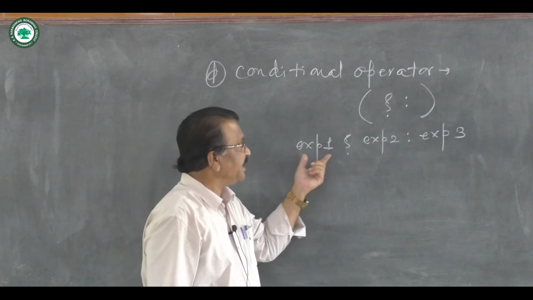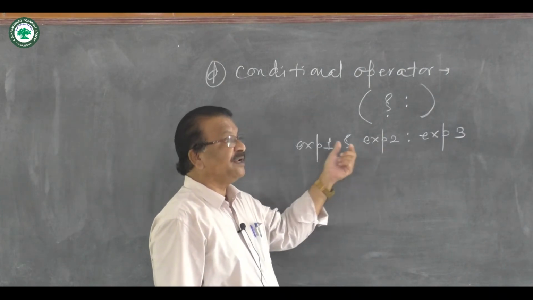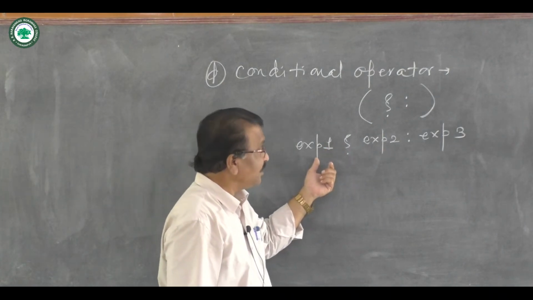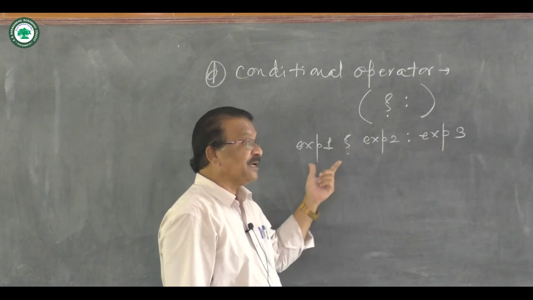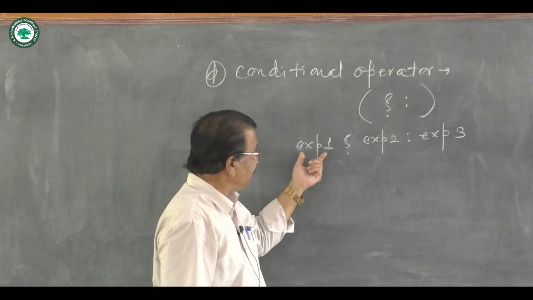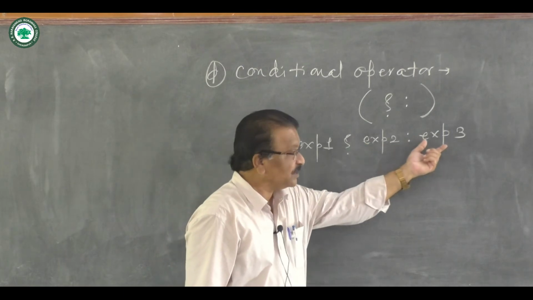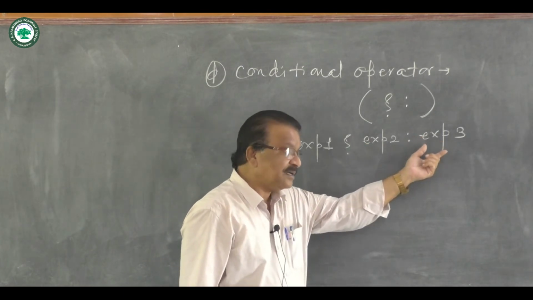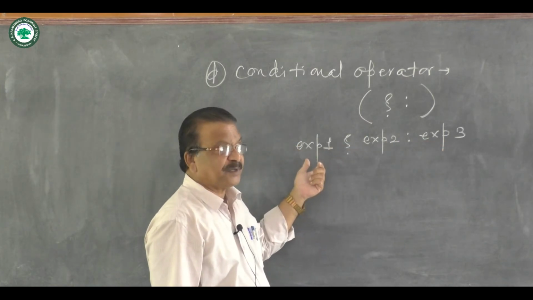If it is true, then expression 2 is evaluated and that becomes the final value of the expression. Otherwise, expression 3 is evaluated and that becomes the final value. When expression 1 is false, expression 2 is not evaluated; it is expression 3 which is evaluated, and its result becomes the final value of the expression.